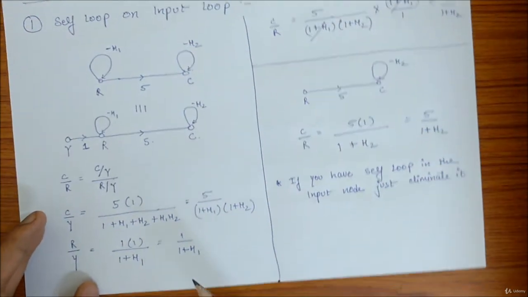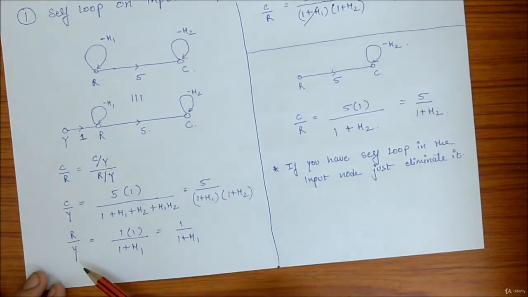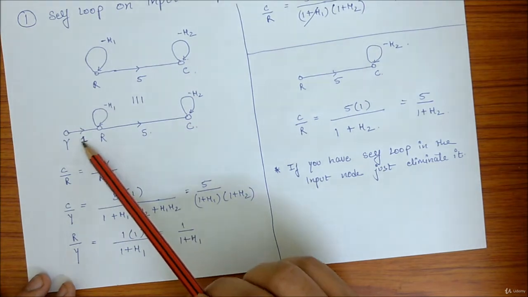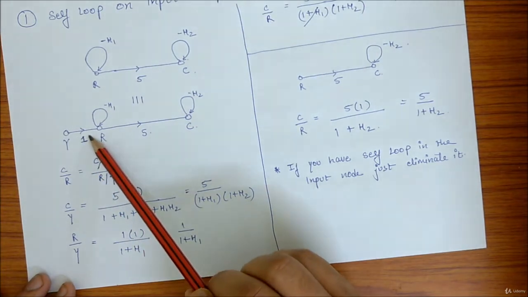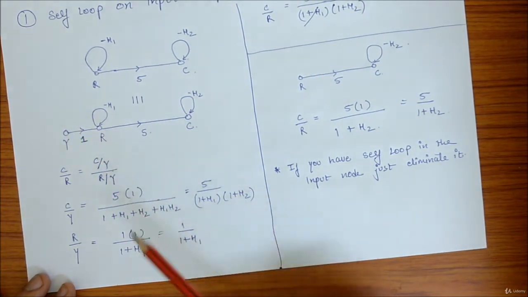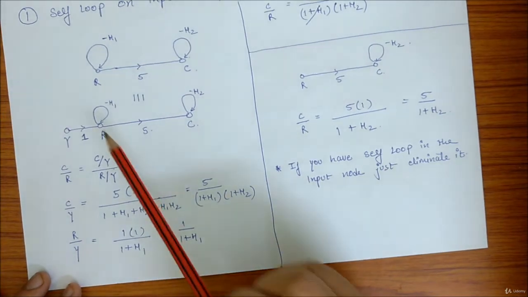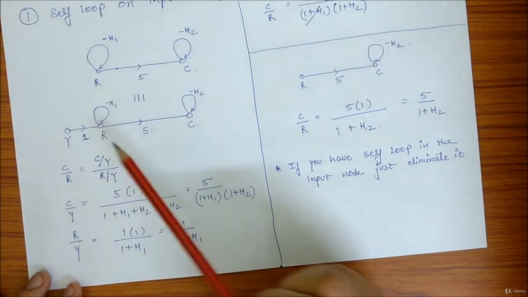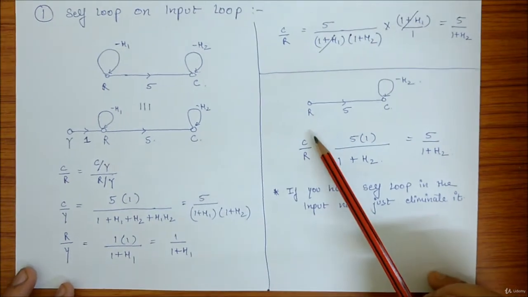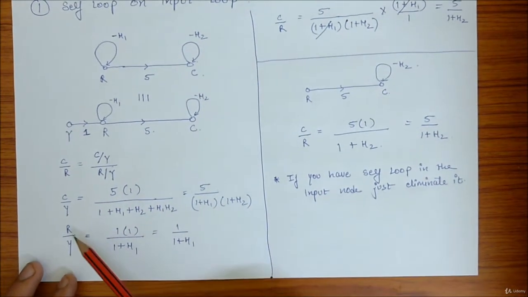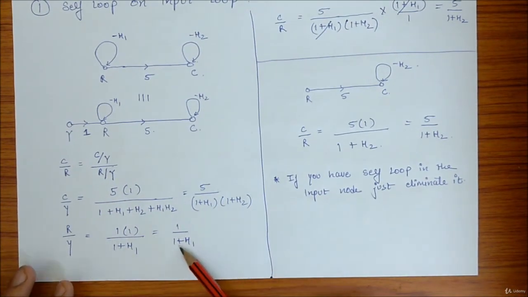Now we calculate r by y. You can see only one path gain is there, 1. Delta k will be 1 because if you remove this path, no loop remains, divided by 1 plus h1 because only one loop is there.